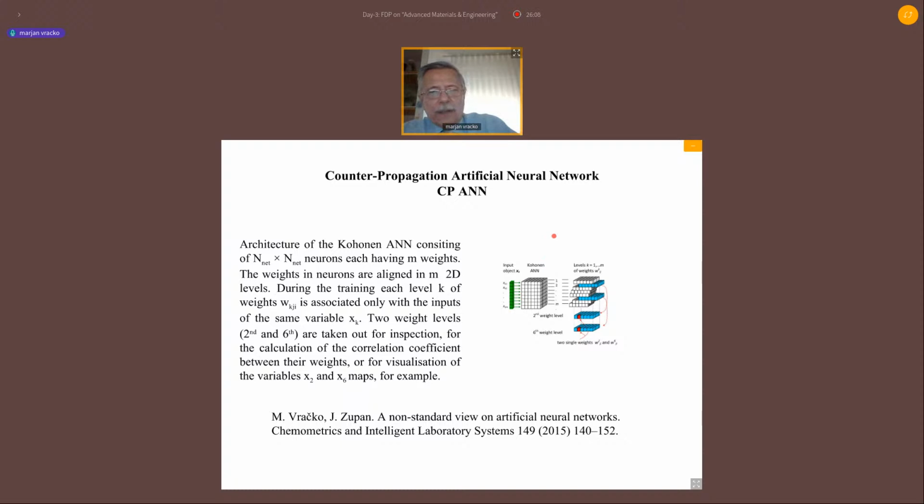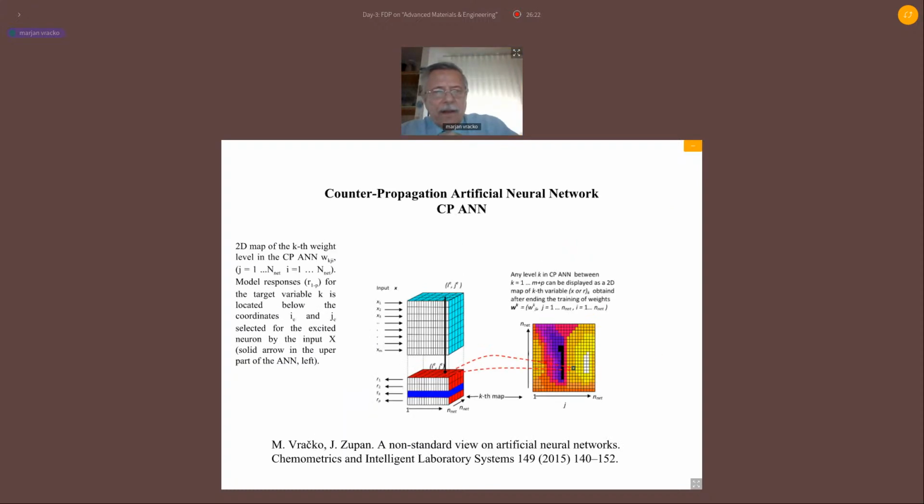Whatever that means, if I look at the top, I see my objects, and they are organized in a way that similar objects are close to each other. So this is, of course, an interesting mathematical structure. We can analyze then clusters in our objects.